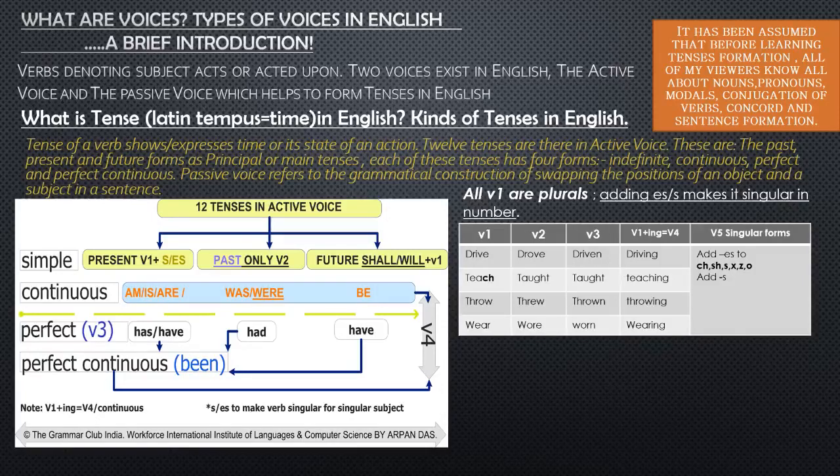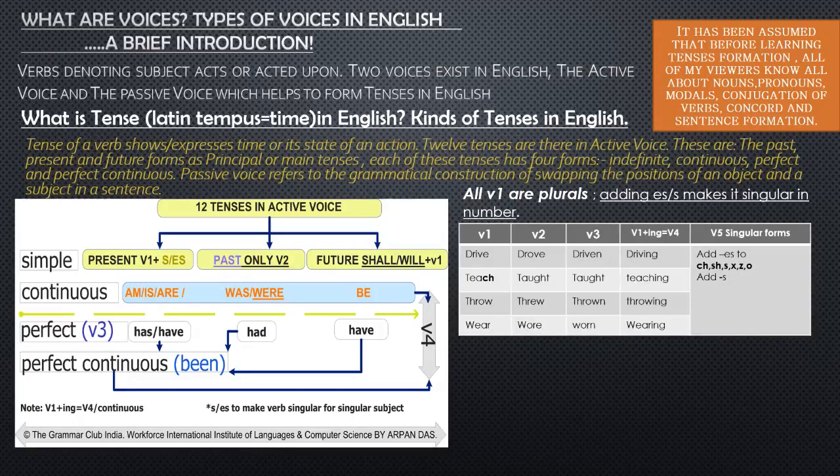When we have V1, that is present tense, drive, V2, past tense, drove, and V3 is the past participle form of the verb, driven. V4 is driving, and to form V5, add es to words ending in ch, sh, s, x, z, and o. For others you can add s.